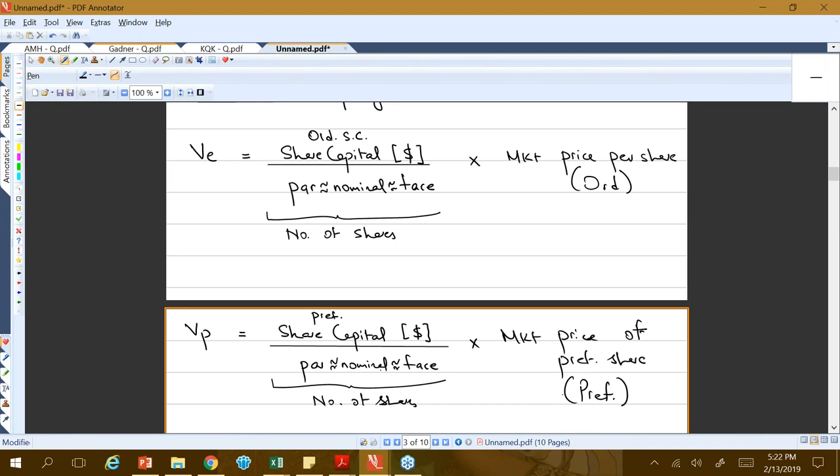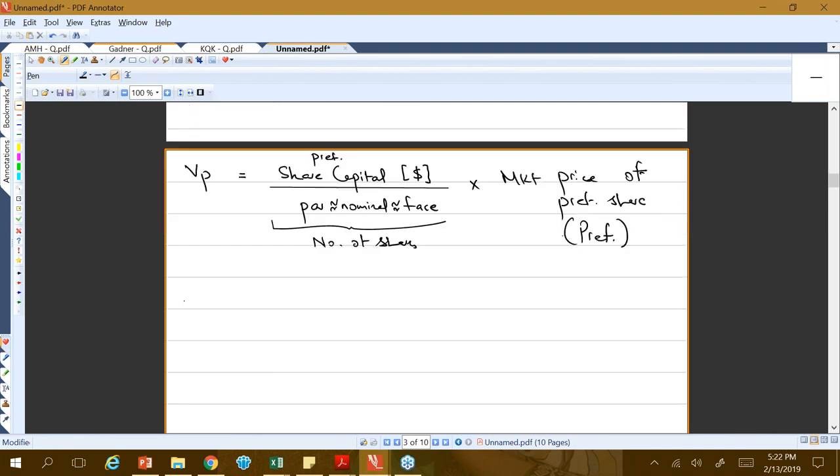Now, the next thing is the VD. So VD of the bank loan. Now remember, the bank loan is non-traded, which means it does not have a market price.